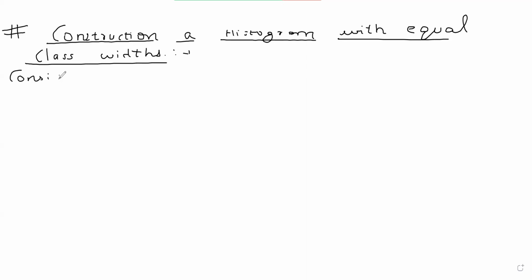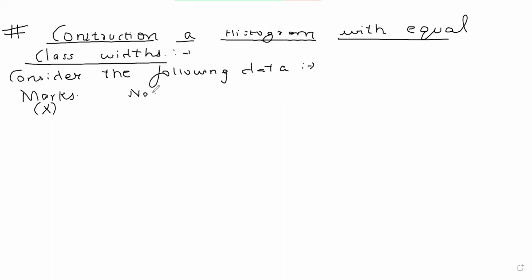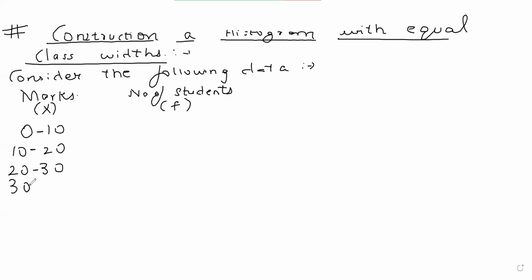So consider the following data, where we are given hypothetically marks, which is my random variable X, and we are given the number of students. Number of students is my frequency denoted by F. Let's say the marks are given by the class intervals from 0 to 10, 10 to 20, 20 to 30, 30 to 40, and 40 to 50.